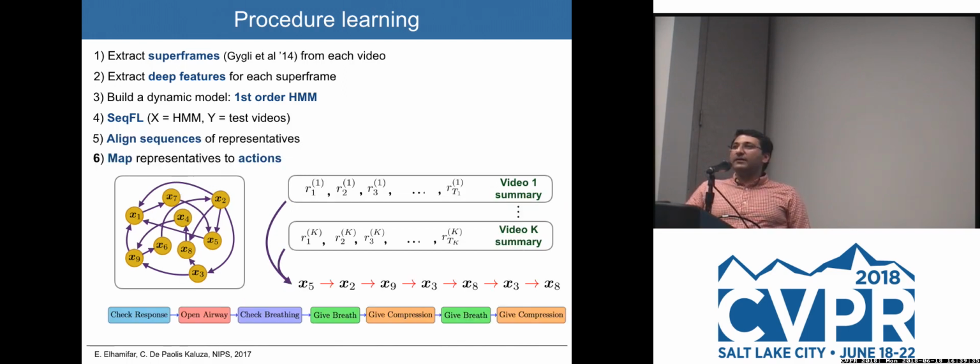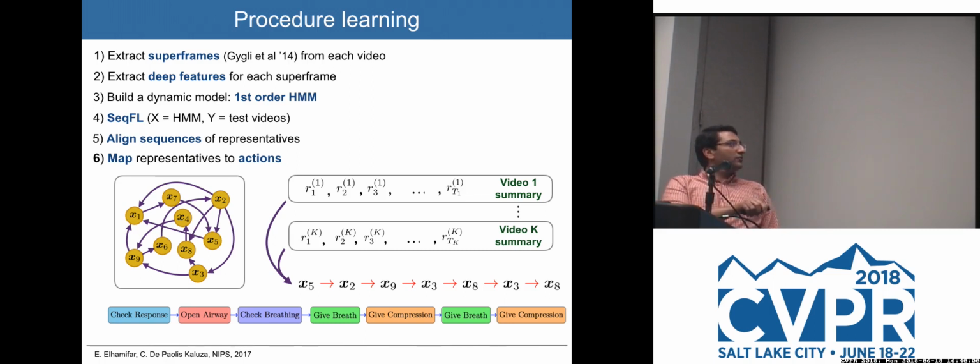And once I have gotten this single set of states, we are going to map them into the closest segment in each video to give us the summary in terms of visual representation. Or we are going to map it into this so-called object-verb representation, so that, for instance, x5 is going to be mapped to check response, x2 is going to be mapped to open airway, and so on.